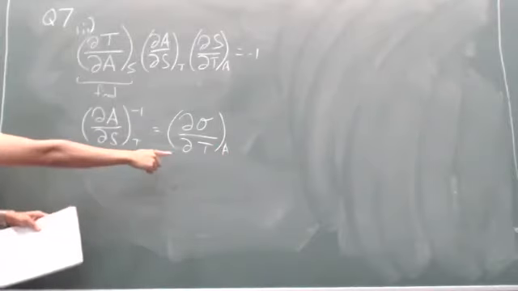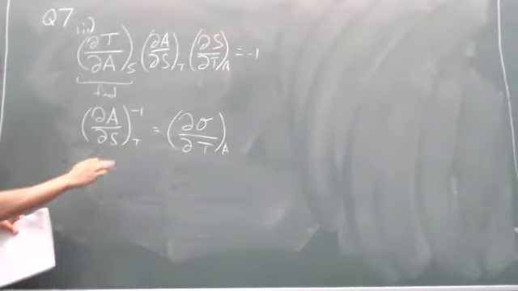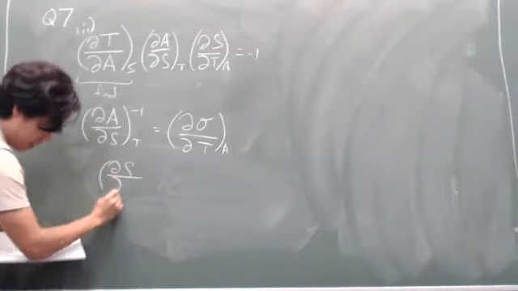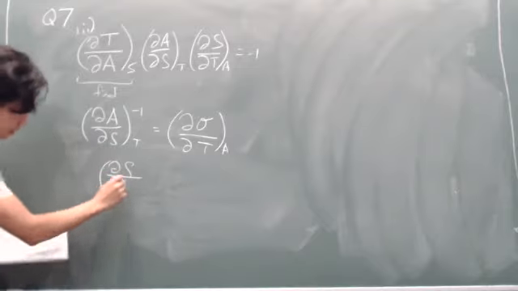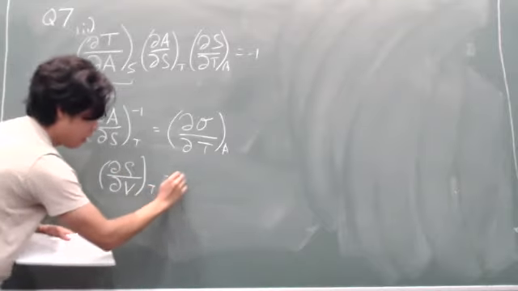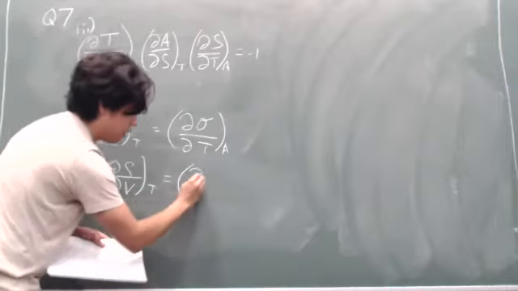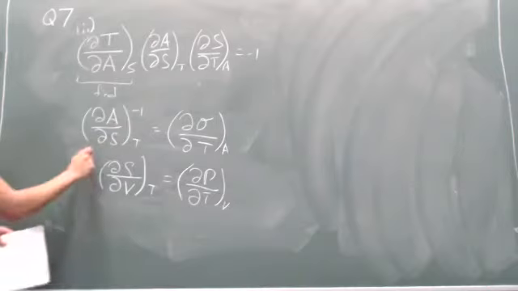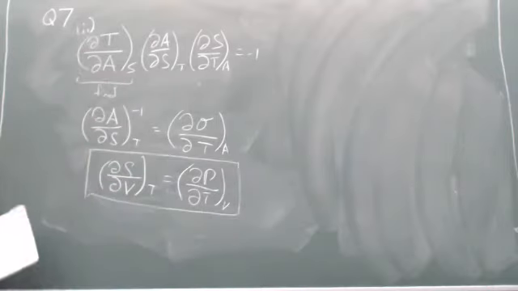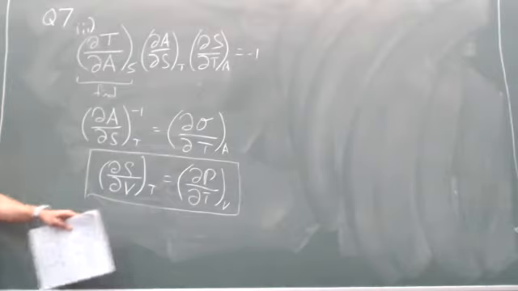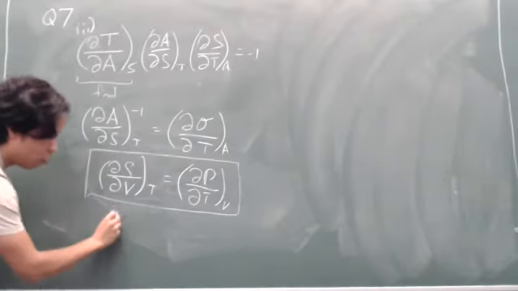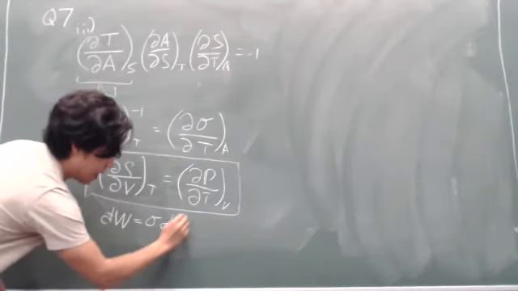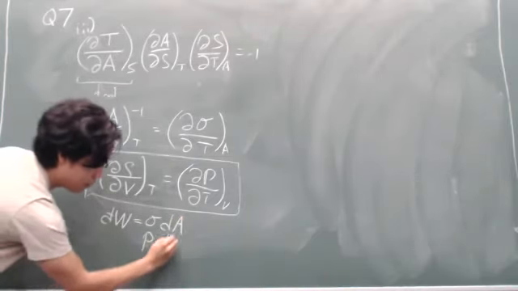You might be wondering where I pulled this from. If you think about the normal Maxwell's relations, you do have one that says dS/dV at constant T is equal to dP/dT at constant V. So this is your standard Maxwell relation that you would know, derived from the first law of thermodynamics. But remember, our work is now given to us by σ dA rather than P dV.